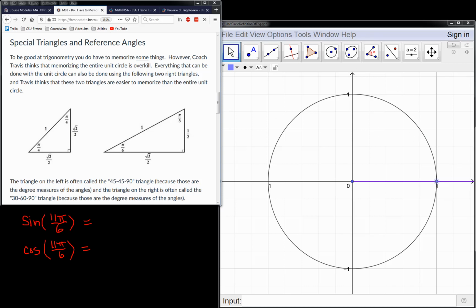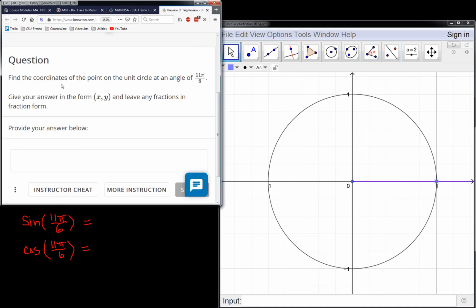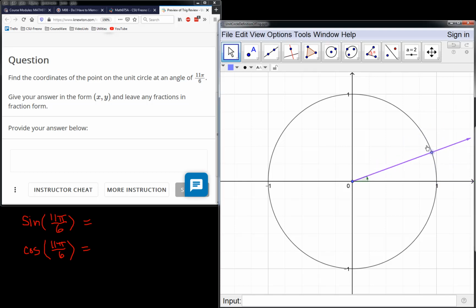So all right, let's go back to the problem. The problem was find the coordinates of the point on the unit circle at an angle of 11 pi over 6 radians. First thing I need to do is draw the angle. And again, I'm pretending I don't have the unit circle memorized.